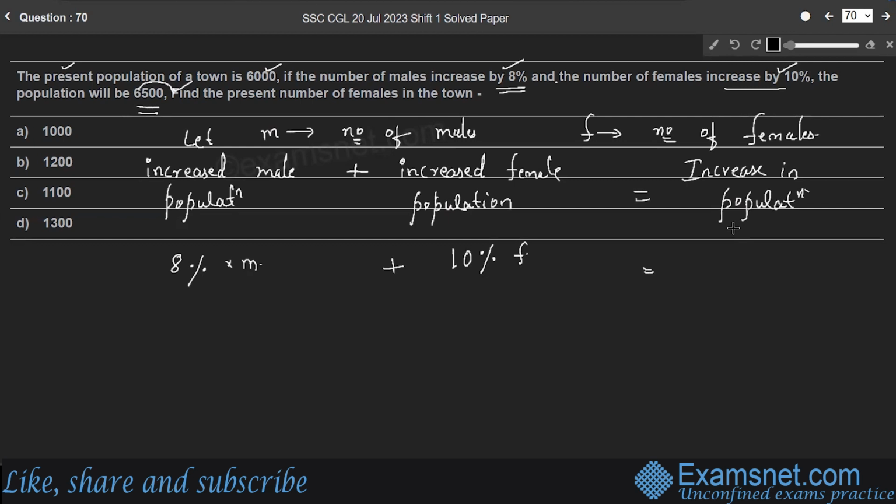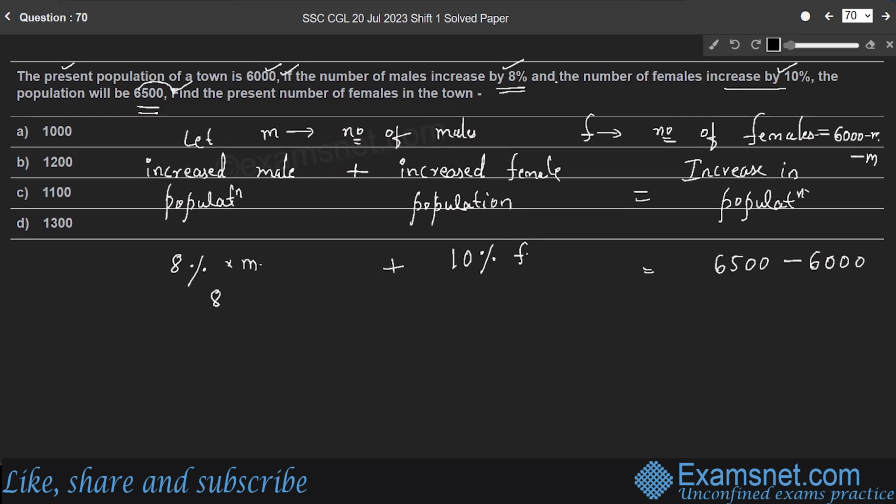Which is equal to the increase in population, so new population 6,500 minus original population 6,000, right? Here the total population is 6,000, the original population. Therefore, number of females will be total population minus number of males, which is 6,000 minus M, right?